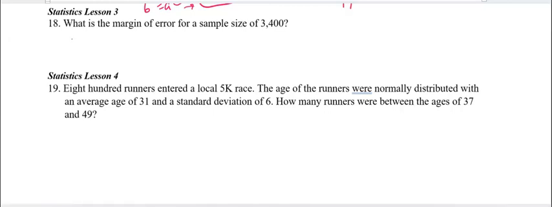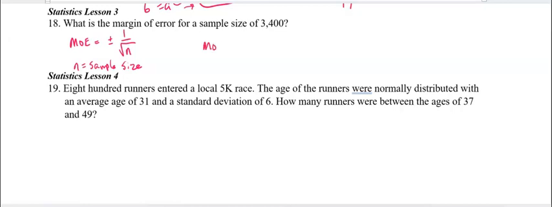The margin of error formula, just want to review that with you because it's going to come up again, is plus minus 1 over the square root of n, and n represents the sample size. All right, so pretty easy, just need your calculator.